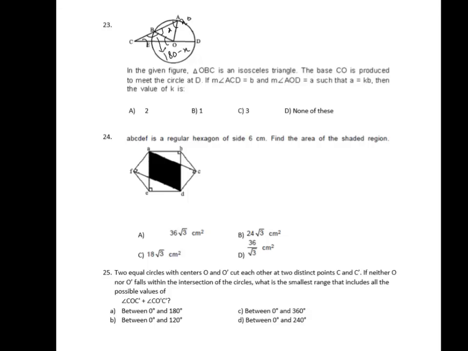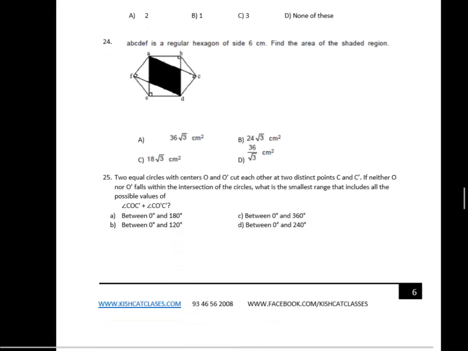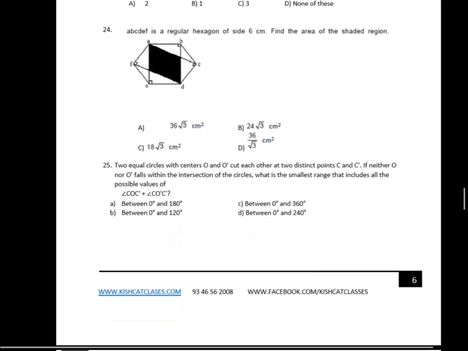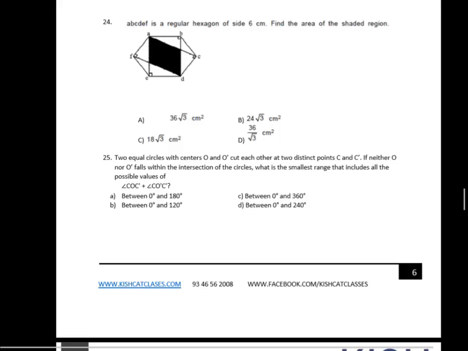How much? Next, question 24. ABCD is a regular hexagon of side 6. Find the area of the shaded region. So we just need to find the area of the shaded region, and it is clearly given that it is a hexagon.